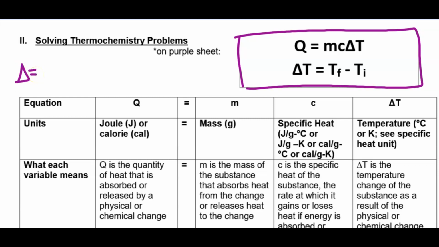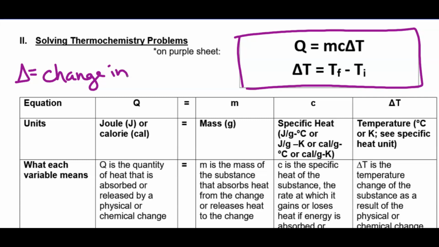Anytime you see a delta in a science formula, that means change. So we're looking for the change in the temperature, and for this it has to be final minus initial. Okay, so we have our two formulas written on our purple sheet.